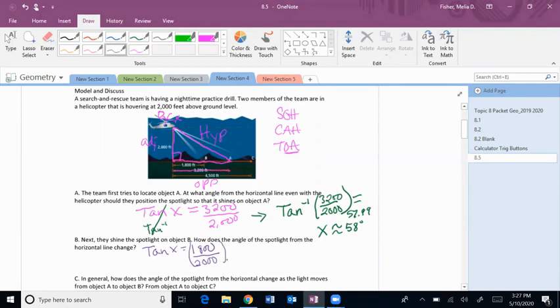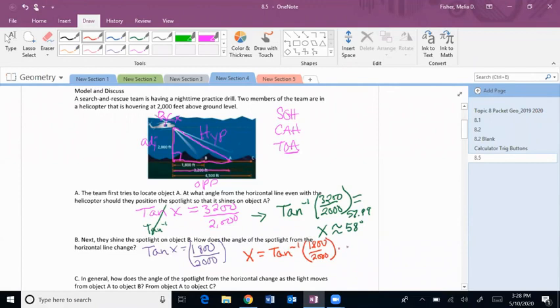And we're going to have the inverse, taking the inverse tangent from both sides. We have that x equals the inverse tangent, or arctangent, of 1,800 over 2,000.